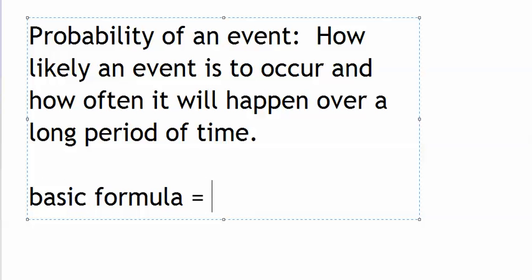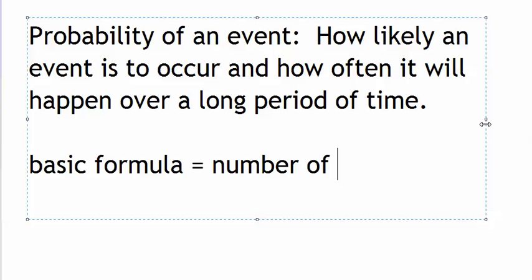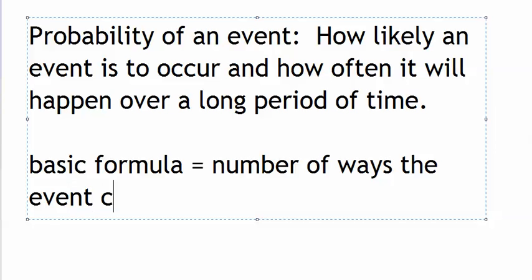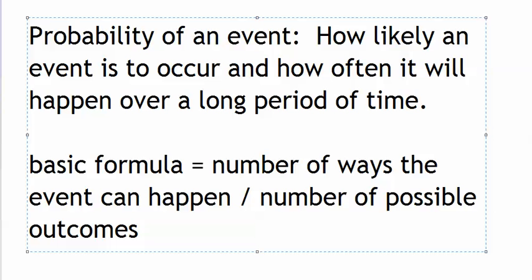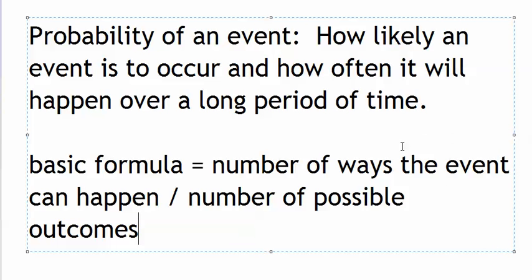This is a basic formula: the number of ways an event can happen divided by the number of possible outcomes.